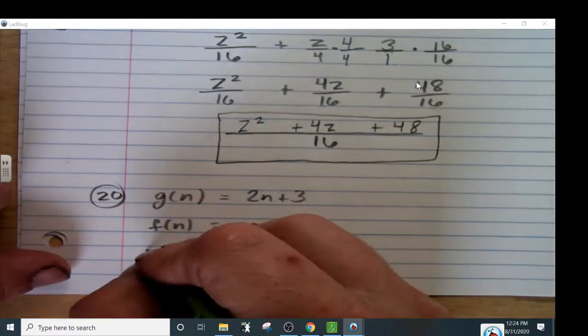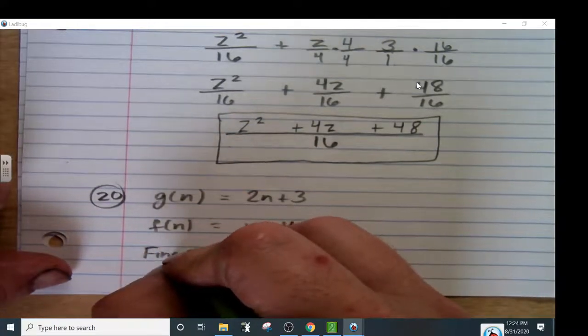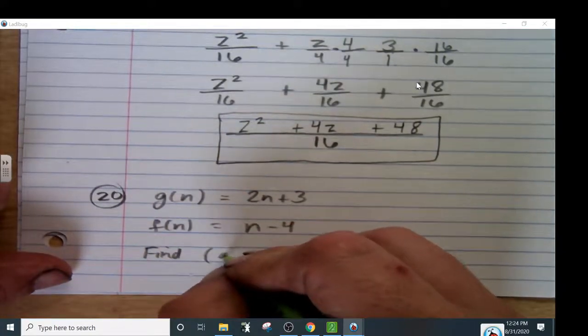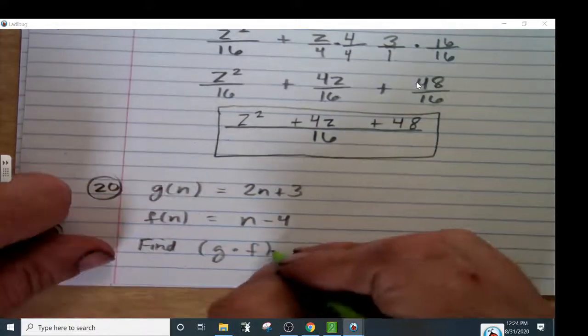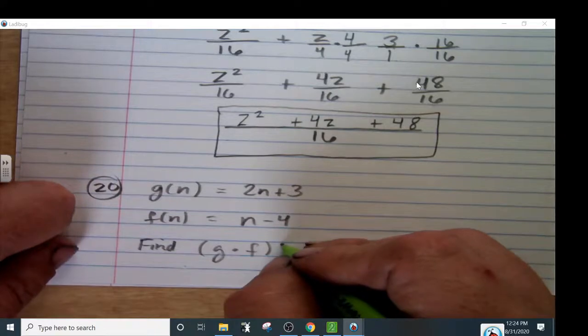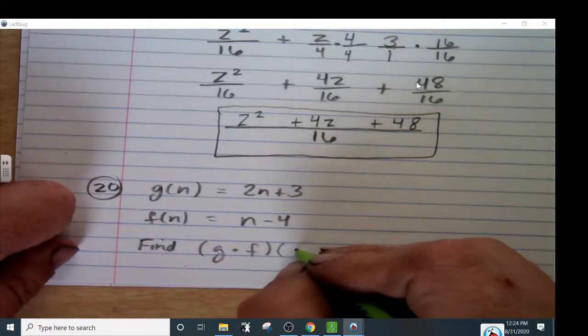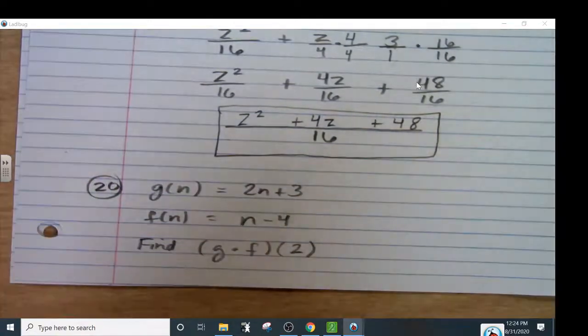And what it wants you to do, it wants you to find G times F. That little dot means multiply. And then it wants you to plug in 2n for the input value.